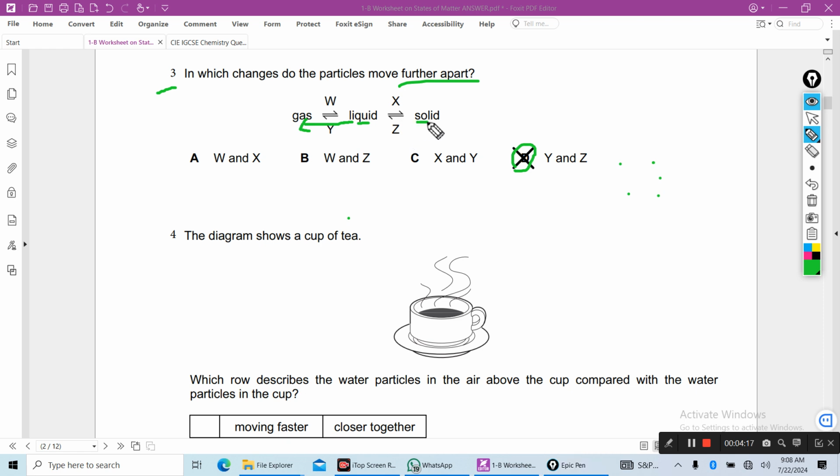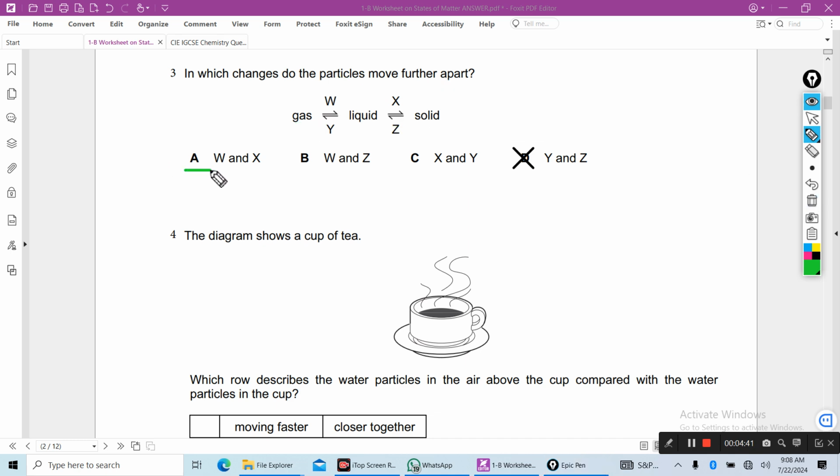Z is the solid going to liquid. Solid particles are closely packed, in liquid they are at a short distance. So solid to liquid and liquid to gas, I mean Y and Z, the particles move further apart.